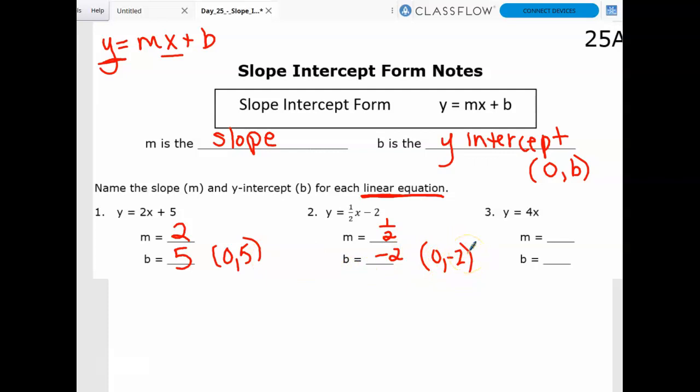If I look at number 3, notice we don't have a b. That's because the b really is a 0, and in this case our slope is 4. If there is no b, it's just 0. That means the y-intercept, if we graphed it, would go through the origin. That's how we get a y-intercept of 0.